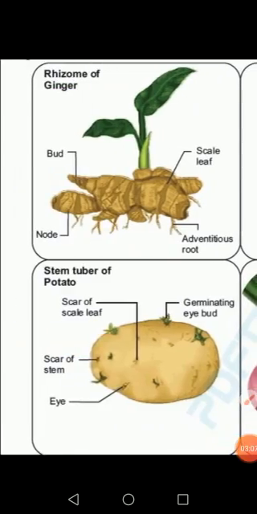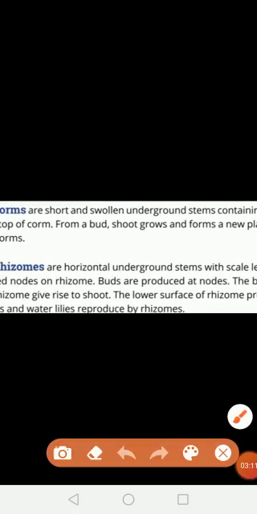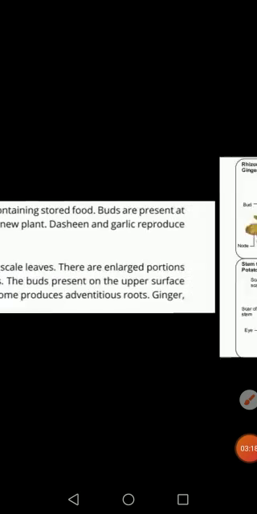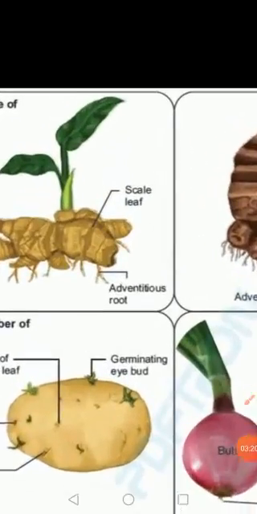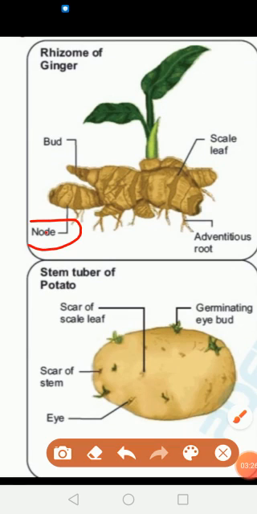Okay, now the next one is the rhizomes. These are also horizontal underground stems, and they have scale leaves. Okay, actually this is the rhizome of ginger, and there is a large portion on it which is known as nodes, and on the upper side of nodes a bud will form, and from these buds the shoot will emerge.